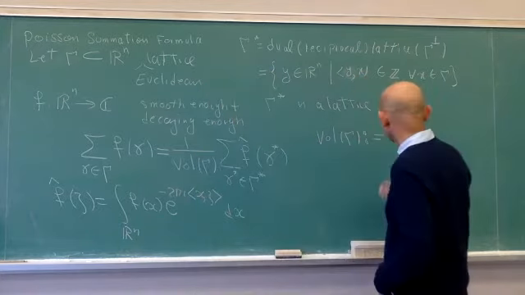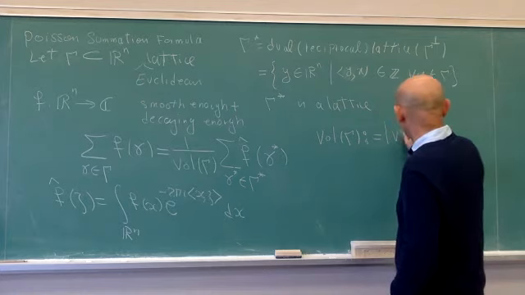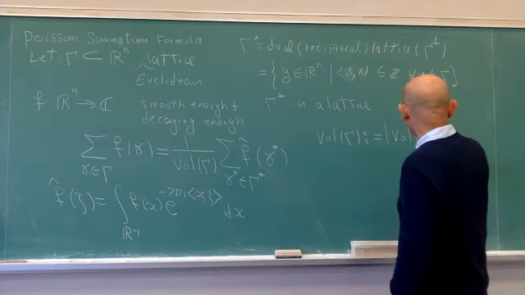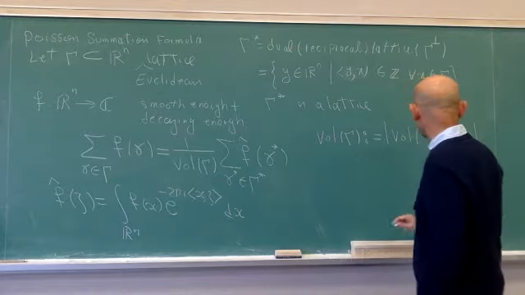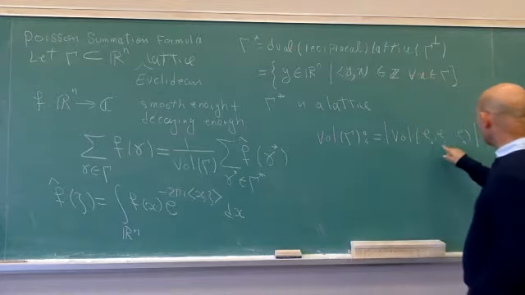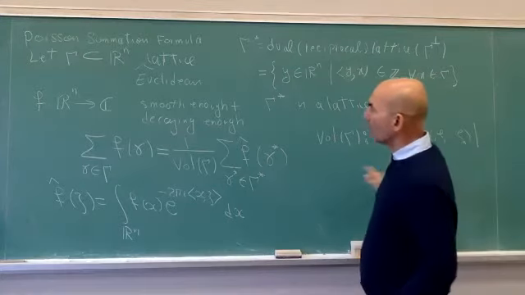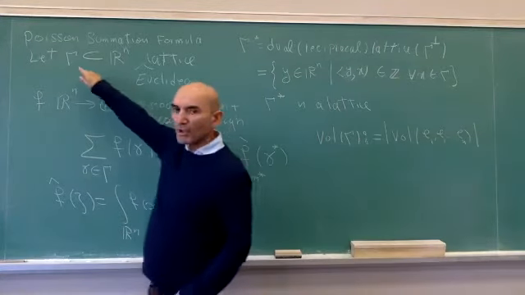So let me put it like this: it is the absolute value of the volume of E1, E2, ..., En, where this E1, E2, ..., En has the property that it is a basis for your lattice gamma.